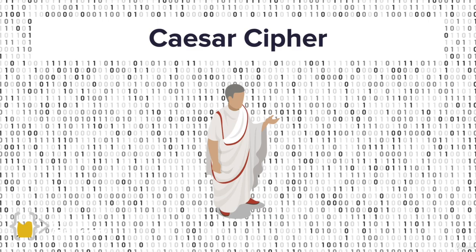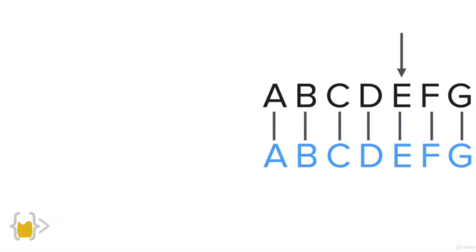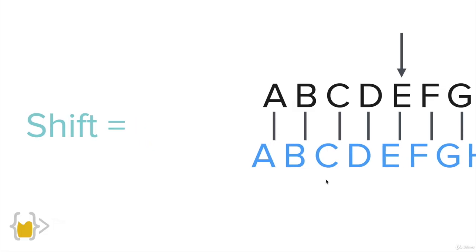I want to show you quickly how this works. We've got the alphabet here, and let's say we wanted to encode the letter E. Now we can line up the alphabet with a new set of alphabet, and at the moment the shift is 0 because the top alphabet and the bottom alphabet are lined up with a 0 difference. Now, let's say that we had a shift of 1.